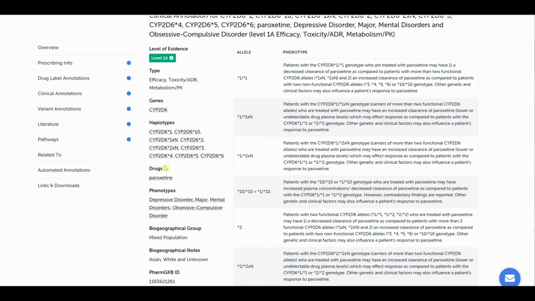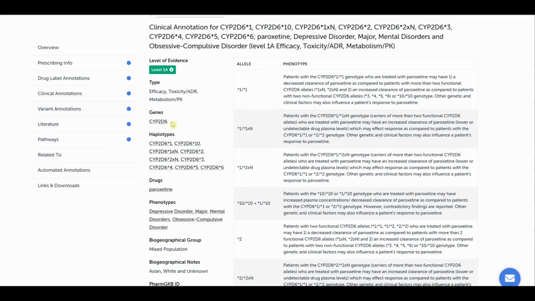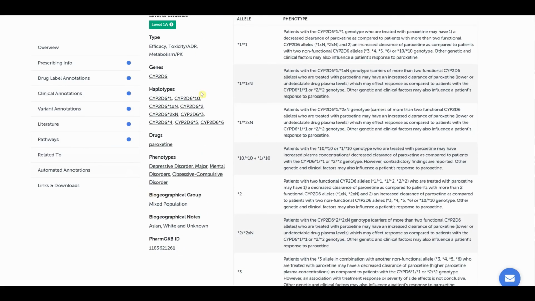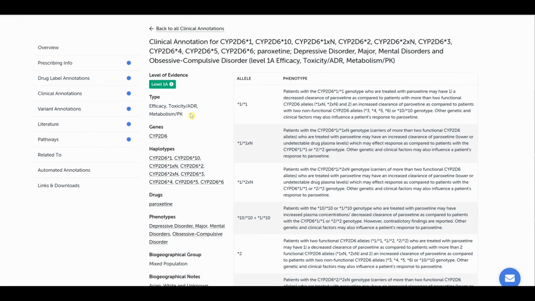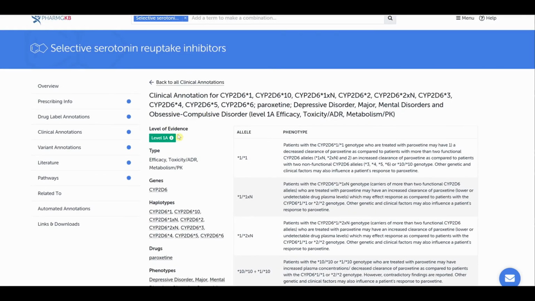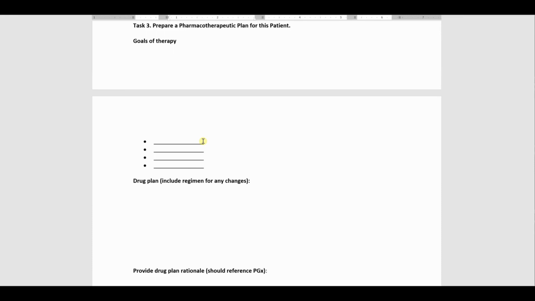And what we see here is that the level of evidence assigned to paroxetine and CYP2D6 is actually 1A for all these alleles or haplotypes, they call them here, for paroxetine. So again, if you had put 1A in the table, fantastic as well. CPIC just gets a little more specific than PharmGKB because they're actually promoting a guideline based on what they think is the strongest evidence.